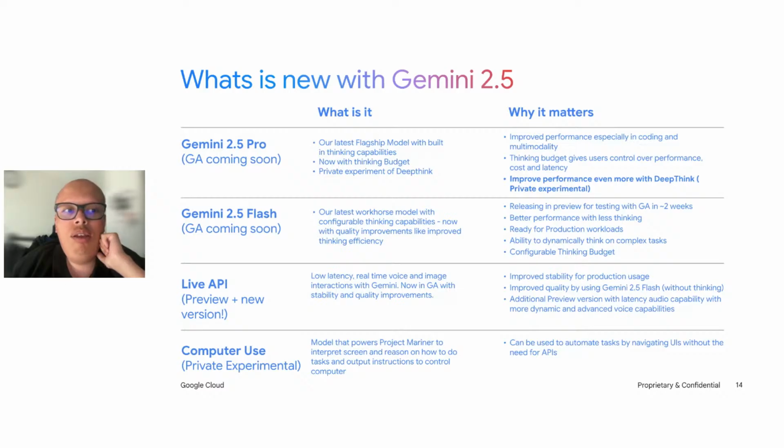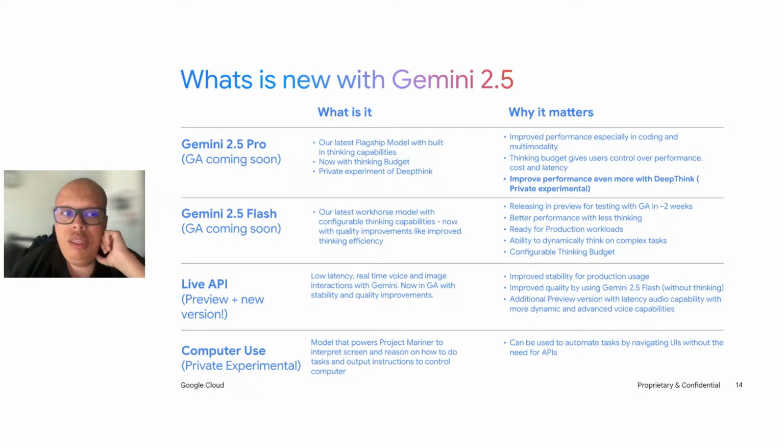So the model will be able to think deeper in order to have even more reliable and promising results. And Deep Think is now being evaluated for safety before being shared with the broader audience.